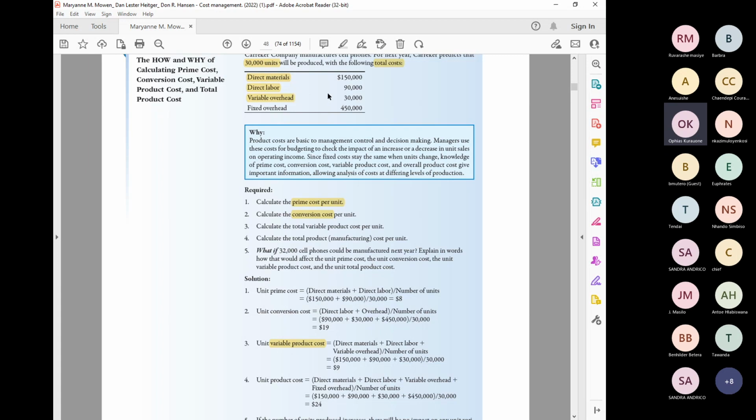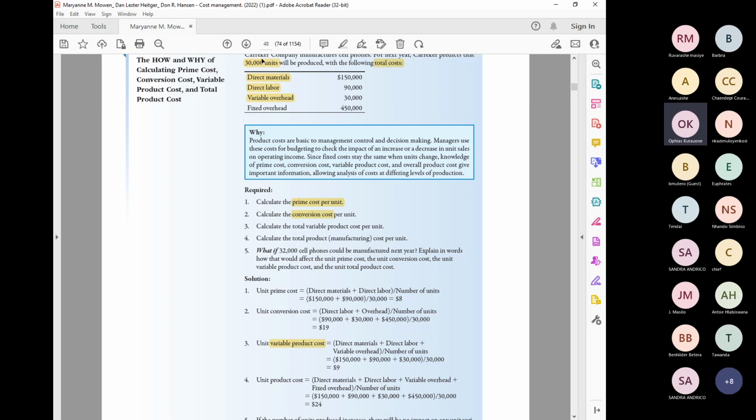So when a person asks you for a full cost, people sometimes forget. If we are saying we need to produce 30,000, then for variable cost per unit you add these, each divided by 30,000. The direct labor per unit is 90,000 divided by 30,000.